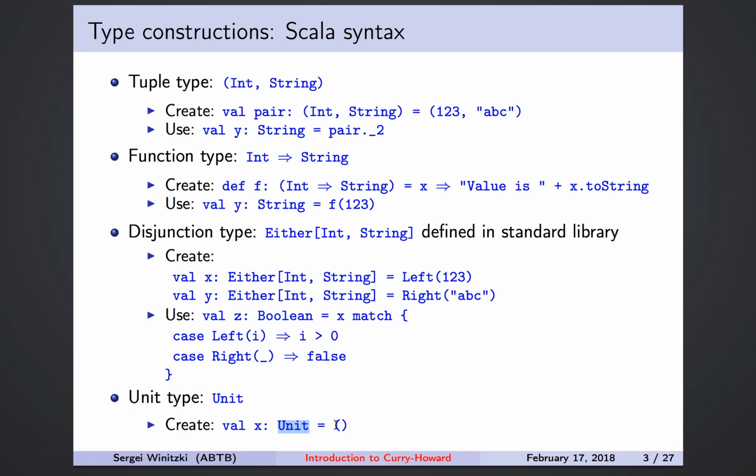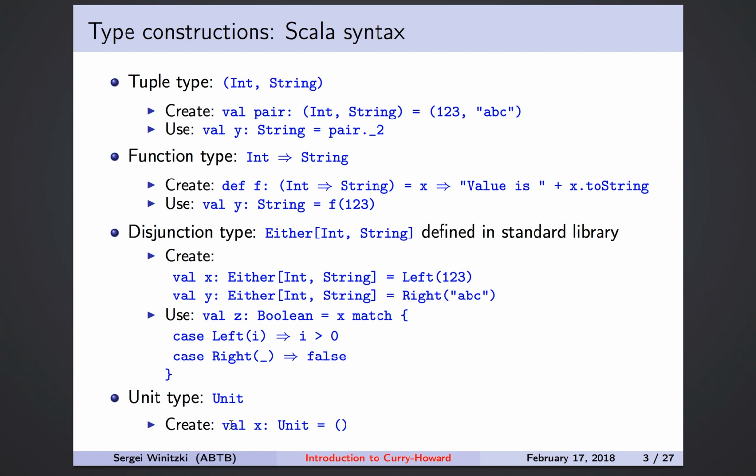But actually, there's only one value of this type, and you can always create it if you need it. So it is kind of useless to say that you are requiring an argument of type unit and you're using that argument. You could require it, but you don't have to use it. There's nothing to use. There's no content inside it. There's just one empty value always.